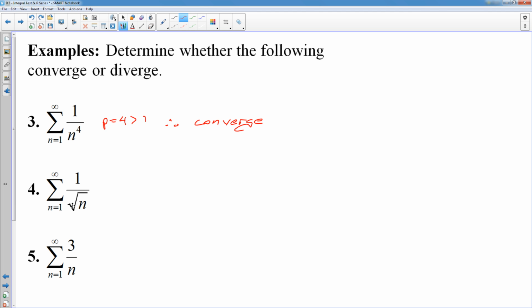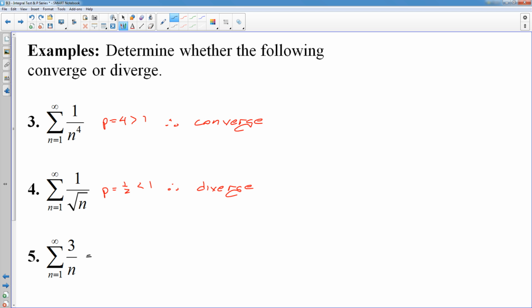In this one, 1 over the square root of n, your exponent on n is 1/2, which is less than 1. Therefore, that diverges. If your exponent is greater than 1, the P-series converges. Exponent less than or equal to 1, diverge. Here, 3 over n.